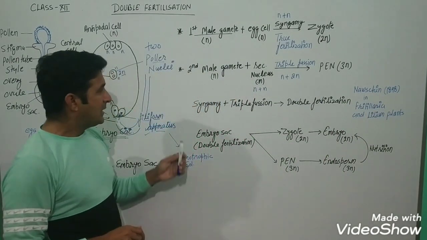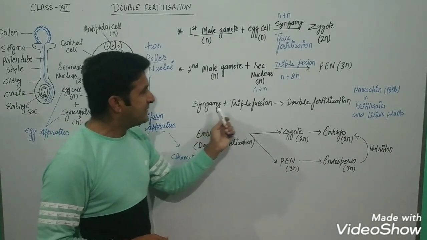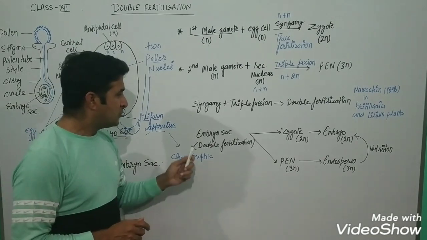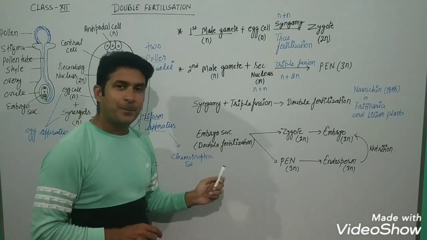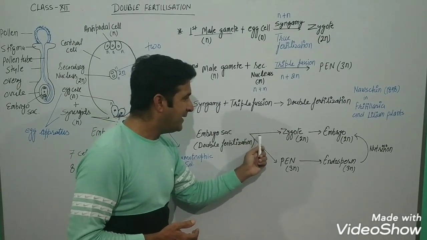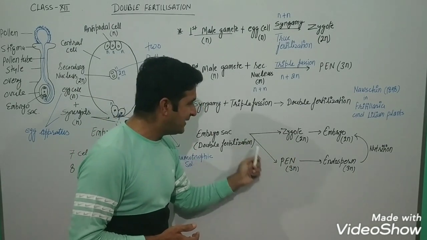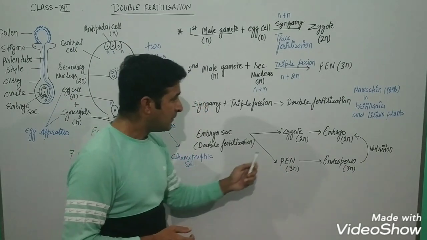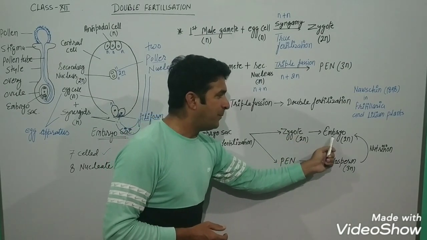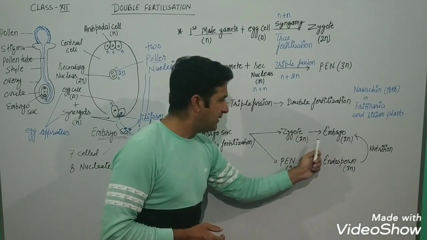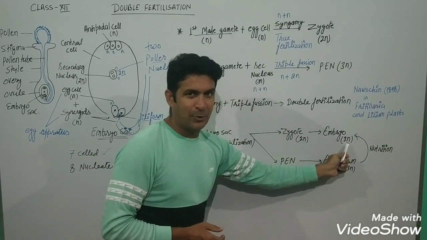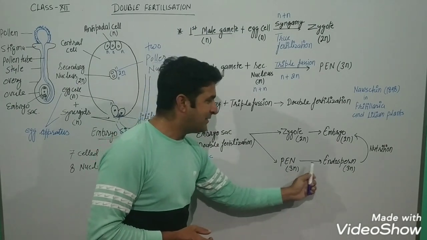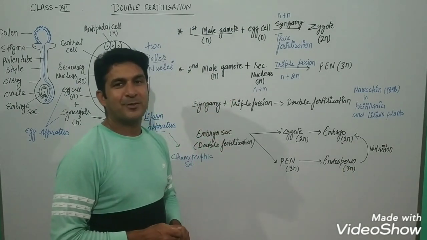Here you can see this process takes place inside an embryo sac. Double fertilization in the embryo sac takes place: on one side it synthesizes the zygote and on the other side the primary endospermic nucleus. The zygote will develop into an embryo, which is also diploid, and the primary endospermic nucleus, which is triploid, will synthesize endosperm, right?